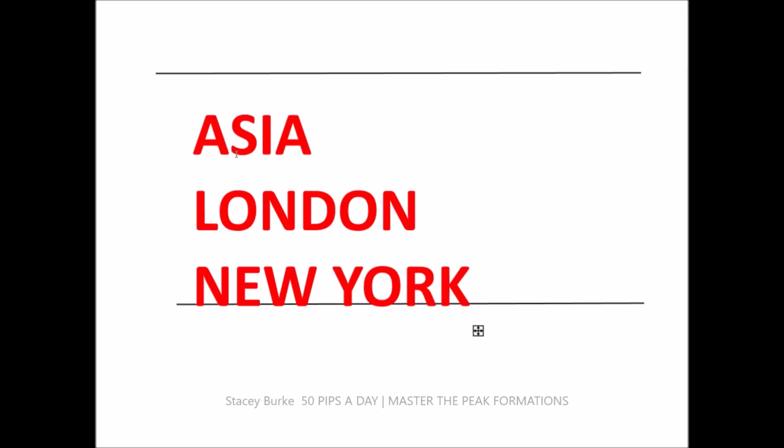So we talked about 3 session setups, and I want you to understand that concept of 1, 2, 3, and that can be over 3 hours within a session, or it can be 3 sessions, Asia, London, New York. But we can also have peak formation in the US for a move down in our 12 candle window.